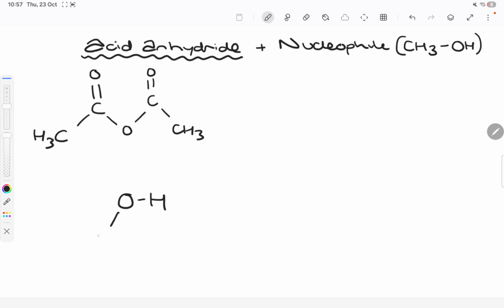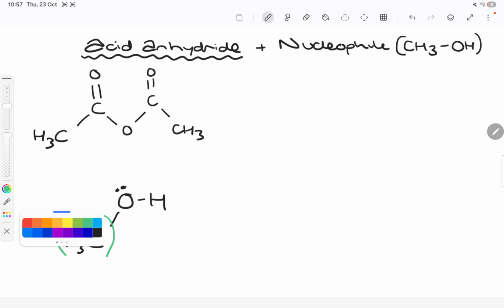So I'm going to use methanol as my nucleophile. I'm going to just use one alcohol example this time. This clip's not going to go through ammonia and water and primary amines. However, hopefully now we can see that it doesn't matter what that starting material is down here, that R group is fairly independent of the reaction mechanism.